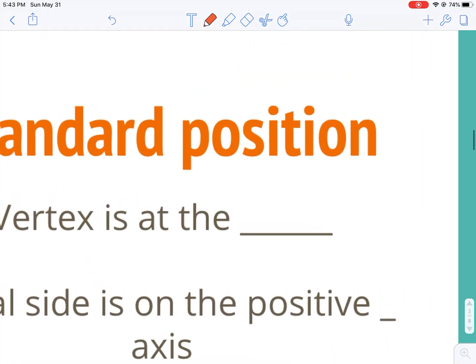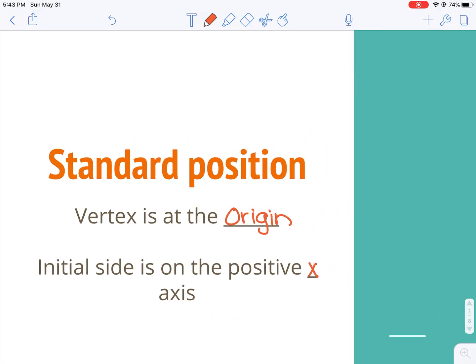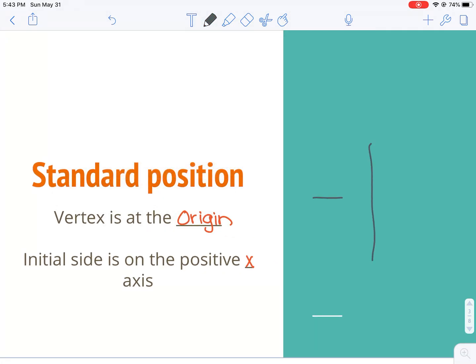In standard position, the vertex is always at the origin, and your initial side is always on the positive x-axis. So when I ask you to draw reference triangles in this class, assume it's in standard position unless told otherwise.